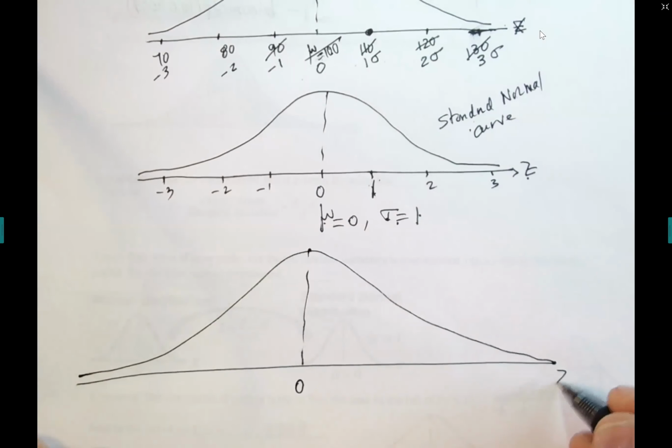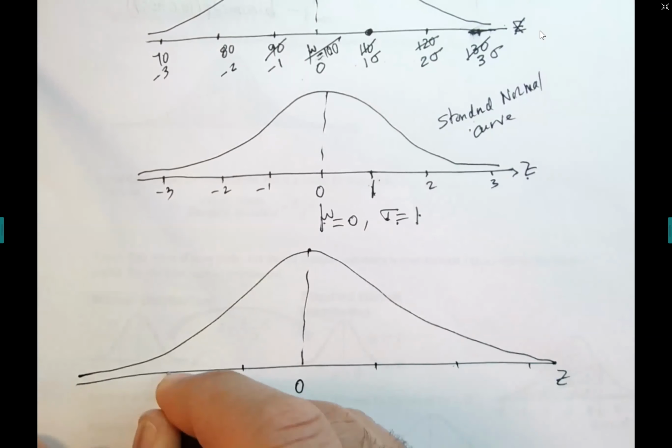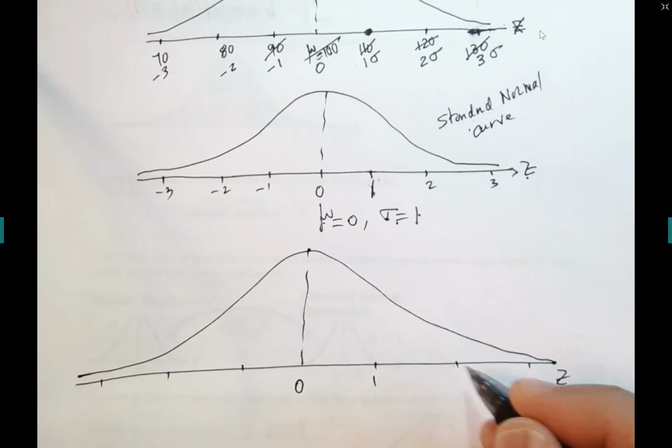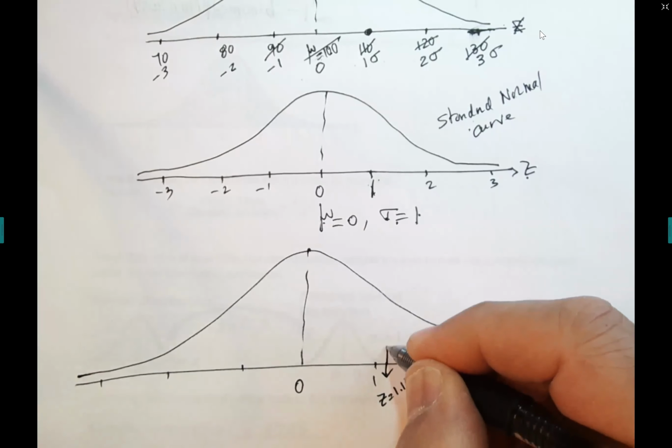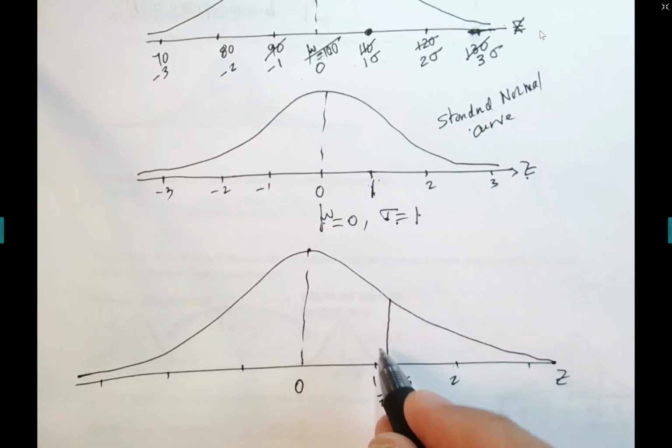So he's using Z. We're gonna use 1, 2, 3, -1, -2, -3. He wants the area to the left of Z 1.15. So this is 1, this is 2. You guys should agree with me that 1.15 is here. And to the left, would you guys agree that to the left it's this area?